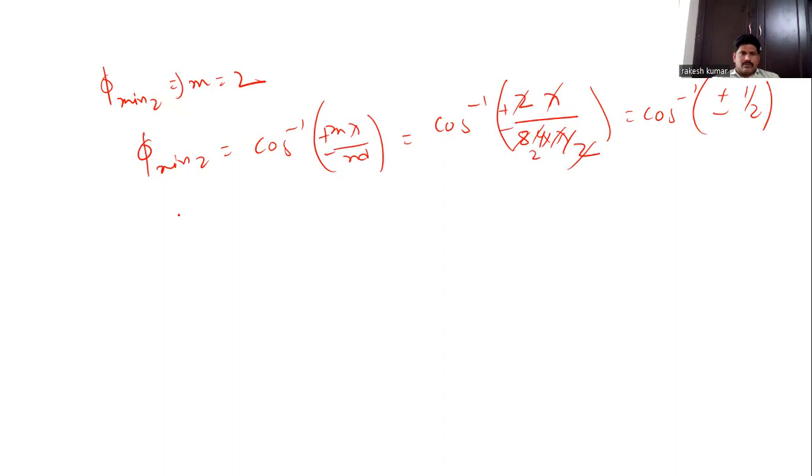The value of cos inverse of plus or minus 1 by 2 is 60 degrees and 120 degrees.